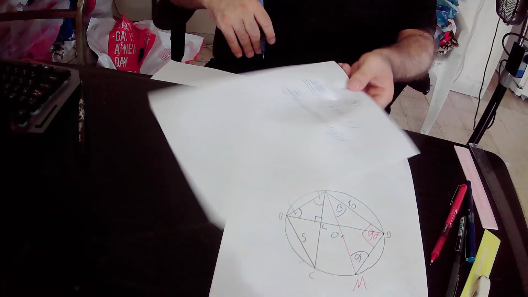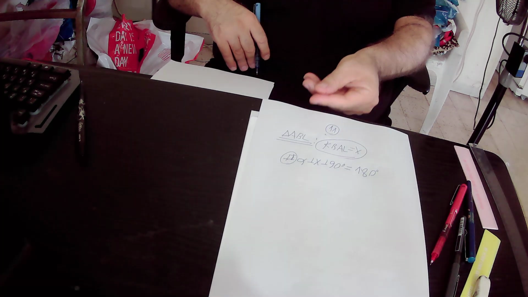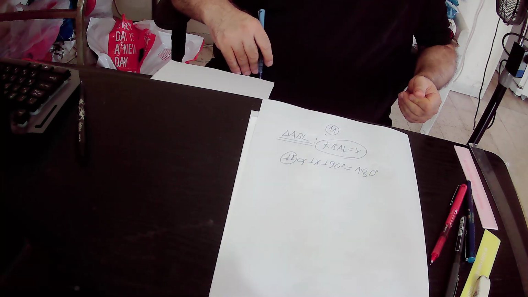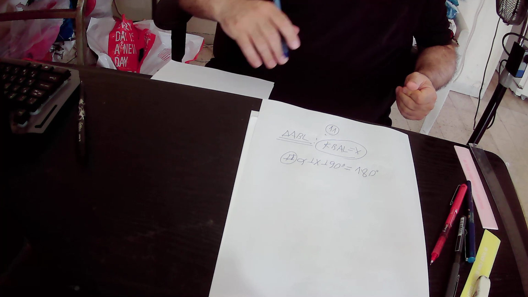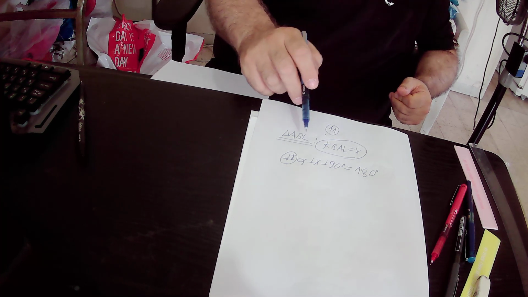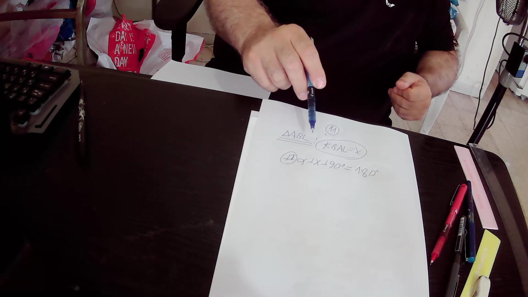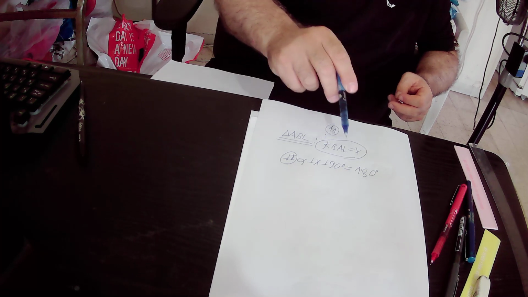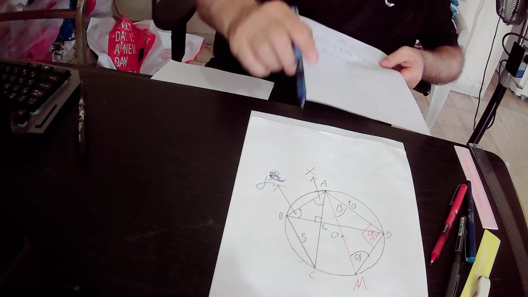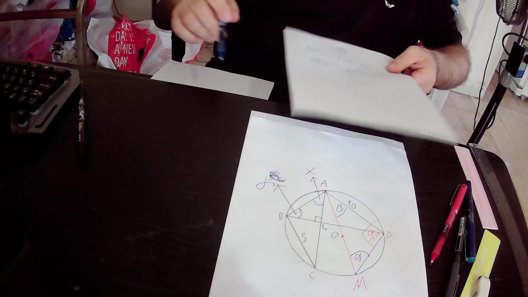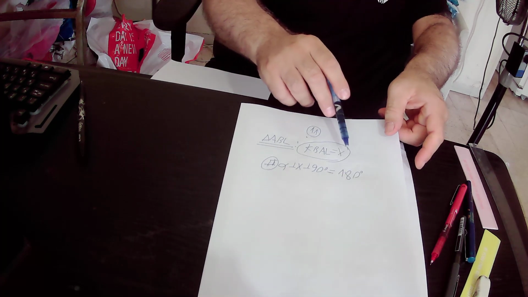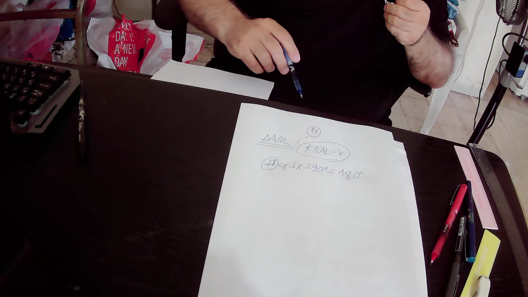So the second equation states that the sum of the angles in the right triangle ABL equals 180 degrees. That is to say, the sum of the angles in the right triangle ABL is alpha plus x plus 90 degrees, and it equals 180 degrees.